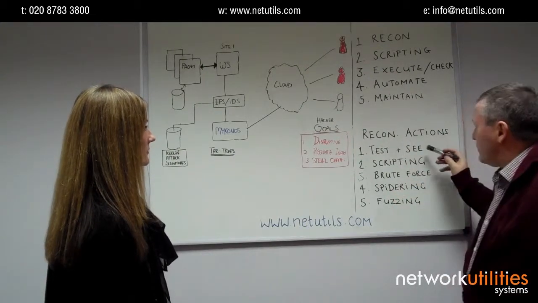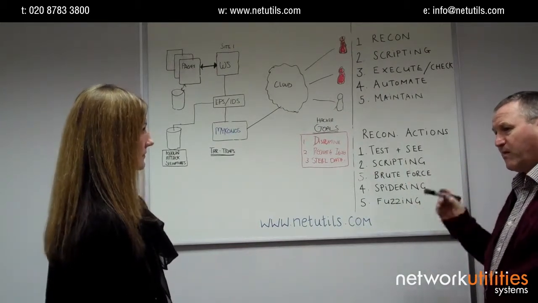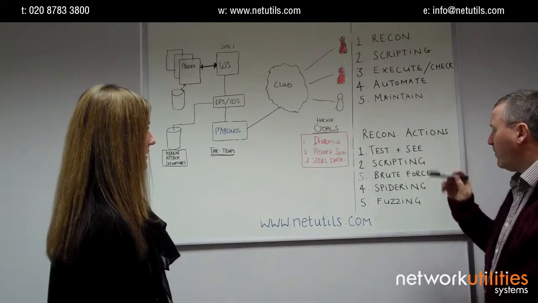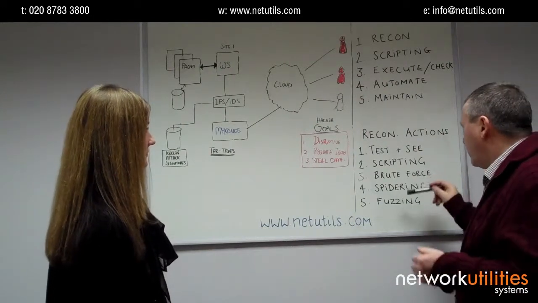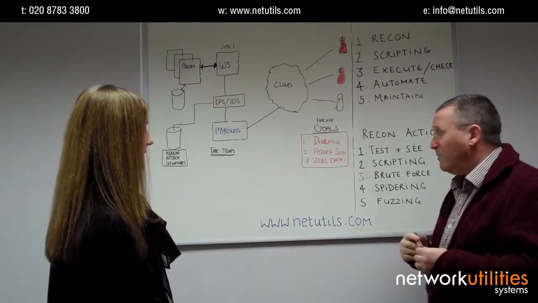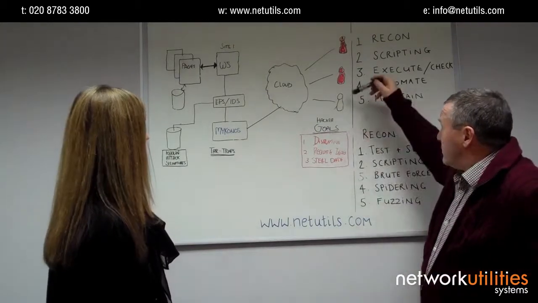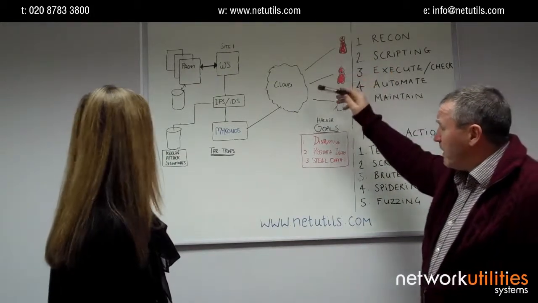Typical recon actions would include test and see, change what's coming back and what's going forward. And once they've changed that, they can then go into brute force, spidering or fuzzing, where they're modifying the values quickly with scripts. So this guy then becomes this guy, who's then become an attacker.